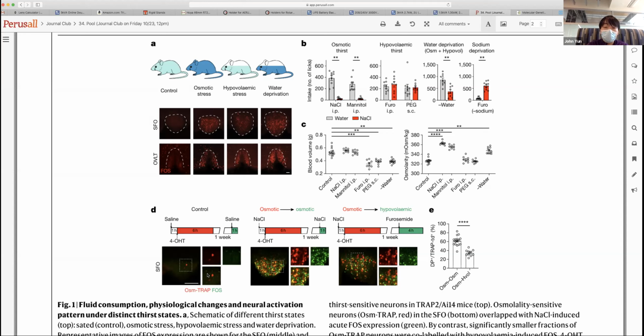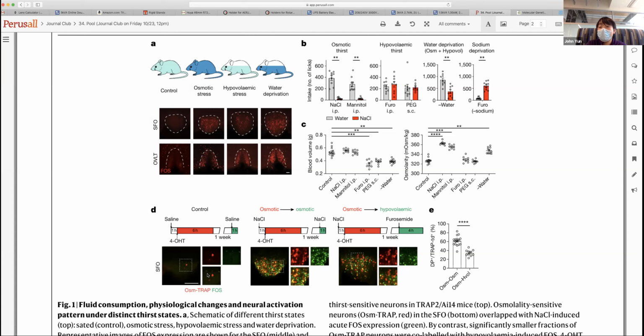In B, they showed that when they injected the hypertonic solutes, the mice preferred to consume just pure water to lower the osmolarity back to normal levels, while the hypovolemic group showed equal interest in both water and salt solutions, since they lost a lot of salt, they try to go back to the normal levels again.